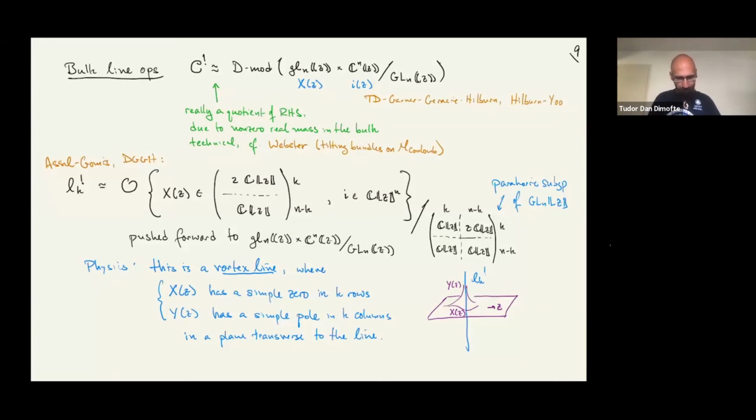I'm just going to say right now that it can be done, and roughly what it does is to give a zero to k rows of the x field and to give a pole to k columns of the y field as one gets close to the line operator.